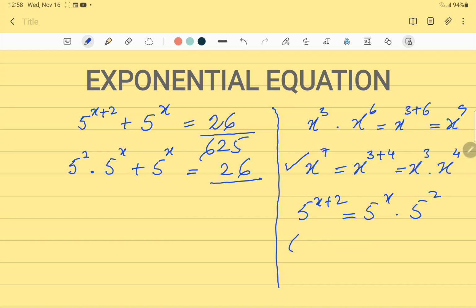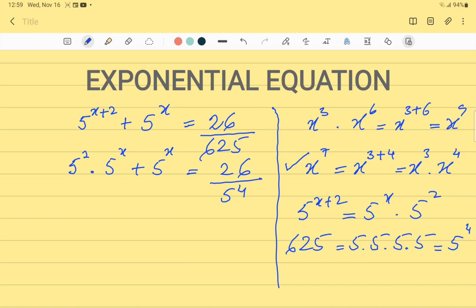Actually 625 is equal to 5 multiplied by 5 multiplied by 5 multiplied by 5, which means 5 into 5 is 25, 25 into 5 is 125, and then 125 into 5 is 625, which can also be written as 5 raised to the power 4. So we will write here 5 raised to the power 4.